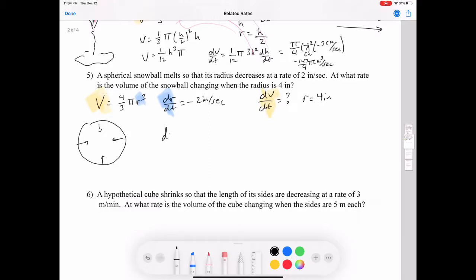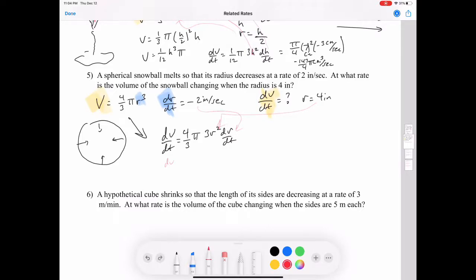So dV over dt, the derivative, is equal to 4 over 3 pi times 3r squared dr over dt. And of course, like I mentioned before, we know what r is and we know what dr/dt is. So let's go plug that in.